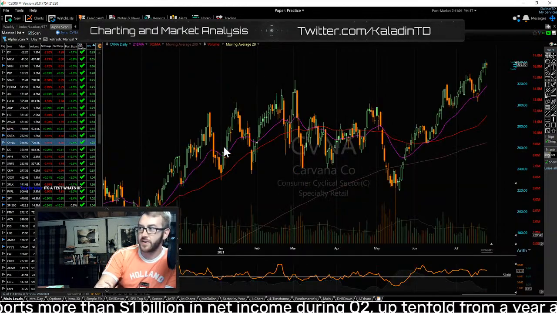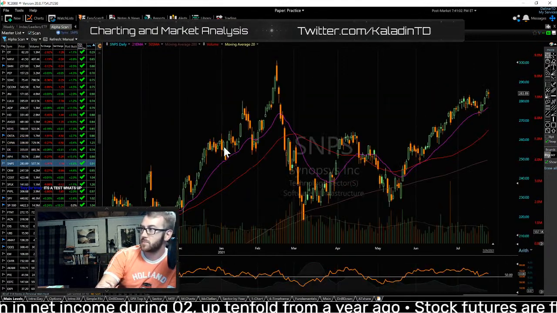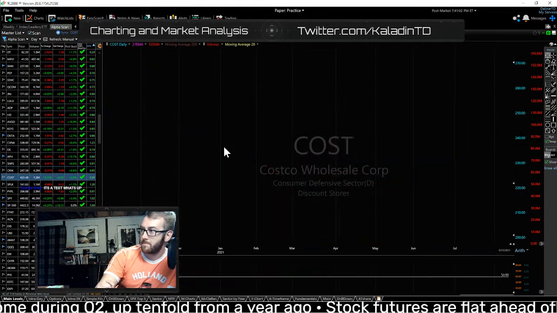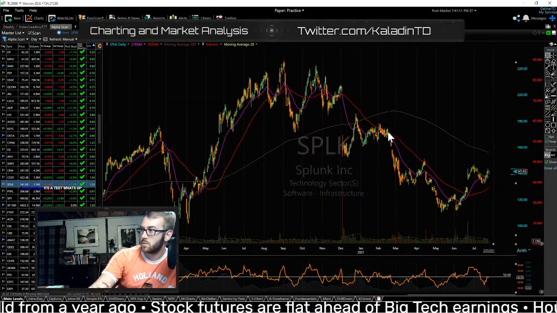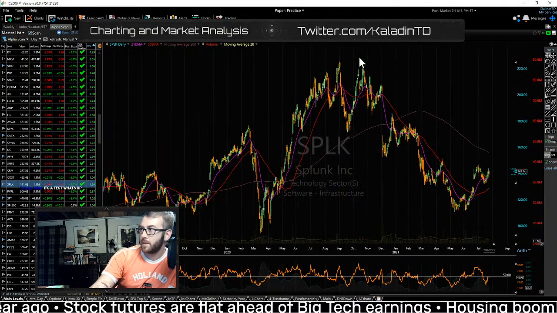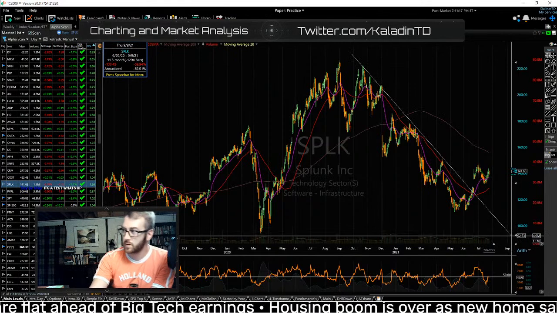Carvana still ripping. John Deere, is this a downtrend break? Looks like it.